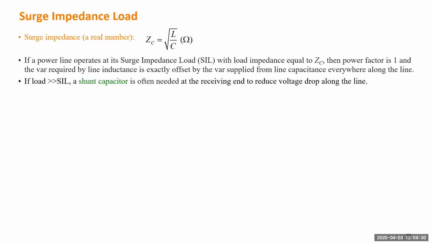Which means if your load is much higher than this value, you need a shunt capacitor. If it's much lower, you need a shunt reactor. That sometimes depends on the voltage level and also the length of the line.